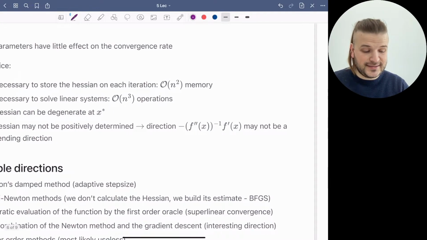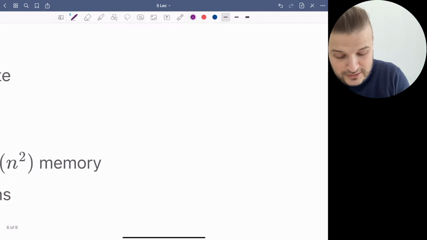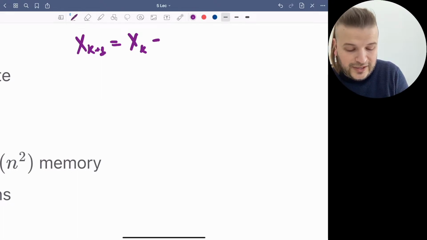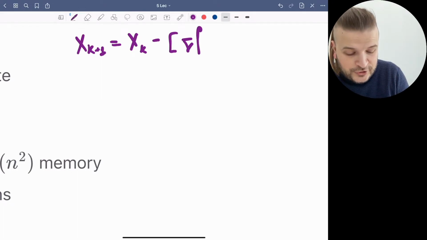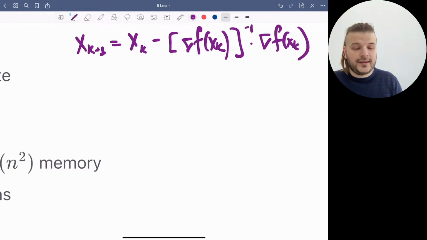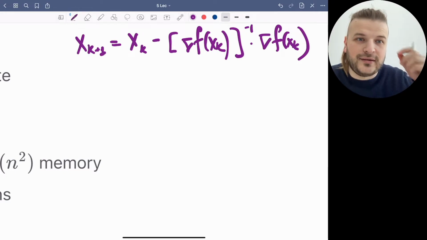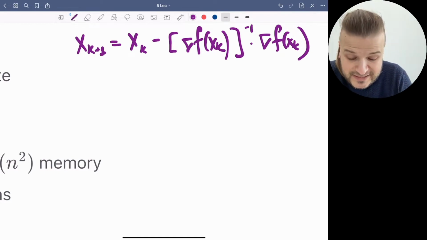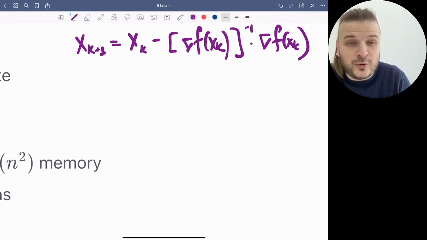And by linear system, what do I mean? Here, as we've seen before, we have this iteration of the Newton method. But in fact, no one inverts the Hessian directly; typically we calculate the following thing.